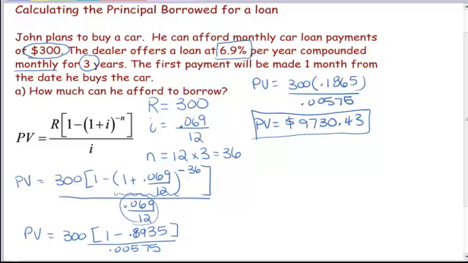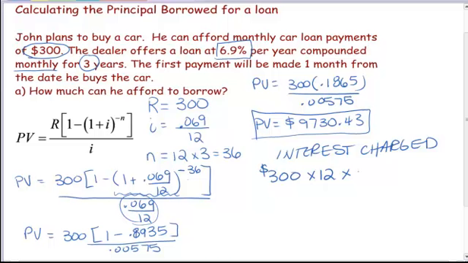Your interest can be calculated this way. You're making payments of $300 a month. So you're going to calculate the interest charged for this loan. You're paying $300 a month, and you're doing that every month for 3 years.